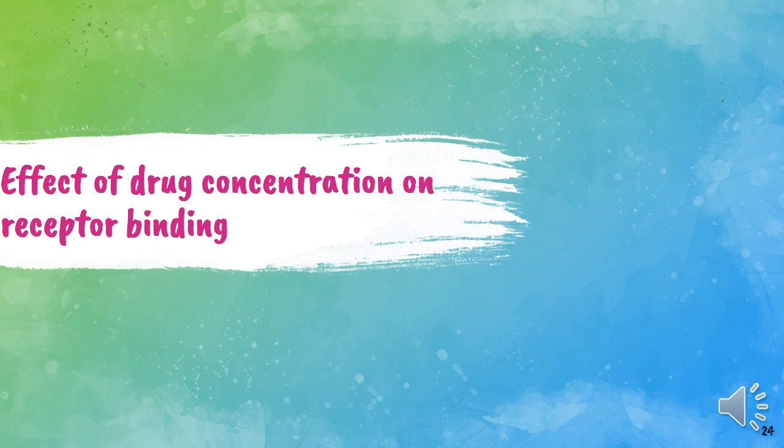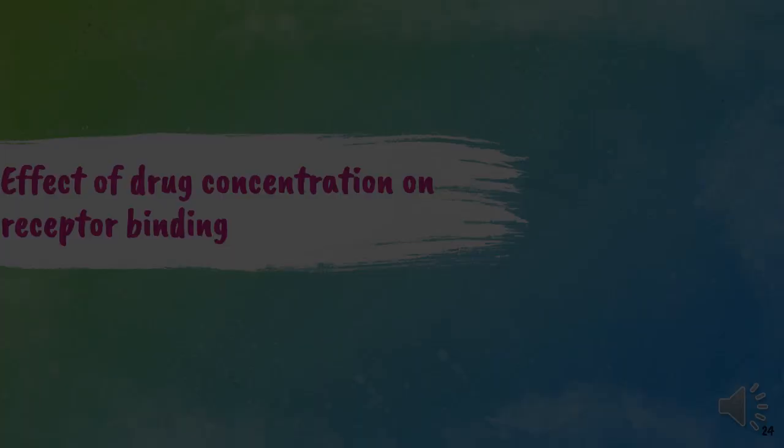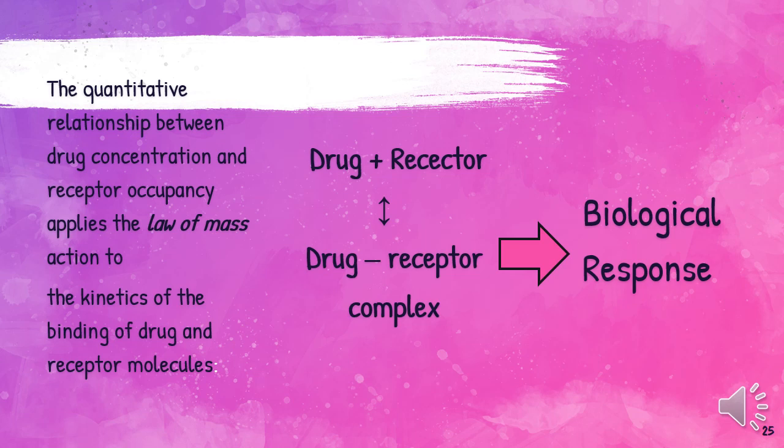So let's see the effect of drug concentration on receptor binding. The quantitative relationship between drug concentration and receptor occupancy applies the law of mass action. Simply, we are considering the drug as agonist and it has to go and bind to a receptor site where it will do its intrinsic activity, or for whatever desired therapeutic response it is taken, it will give that therapeutic effect.